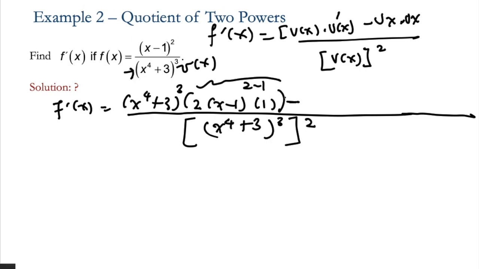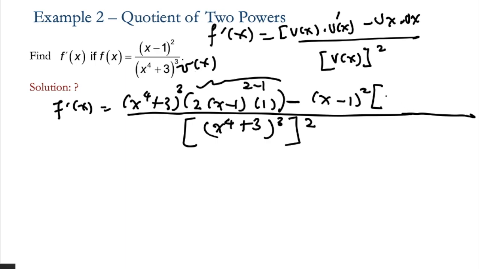Okay, now next, after the minus sign, we differentiate v(x), but we rewrite again u(x) as usual. So u(x) is this, and v'(x). So v'(x) becomes what? So we use the power rule again, because if you can see here, this v(x) has a power, which is a cube, (x to the power of 4 plus 3) cubed.